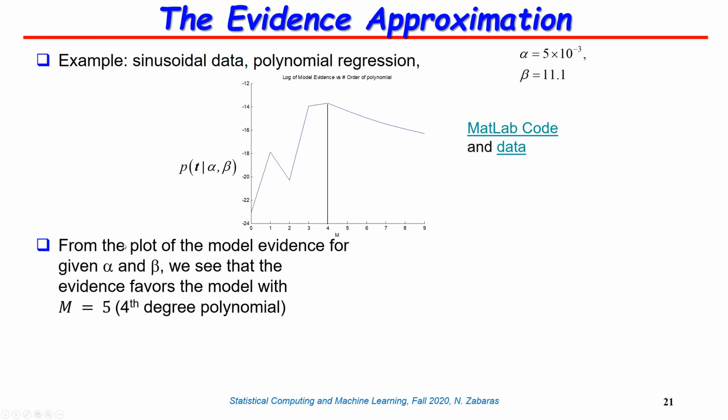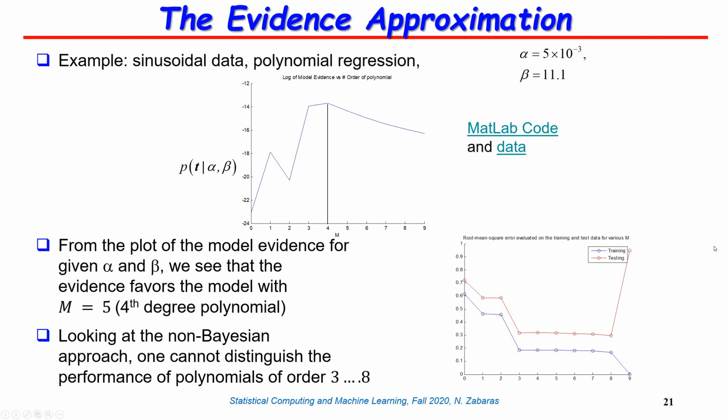Now, it's interesting how this nice plot of the marginal likelihood as a function of the order, the number of parameters, actually relates with these curves that we saw when we discussed least squares estimates with no regularization a few lectures ago. What this plot on the right shows is the training data set as the order of the polynomial increases.